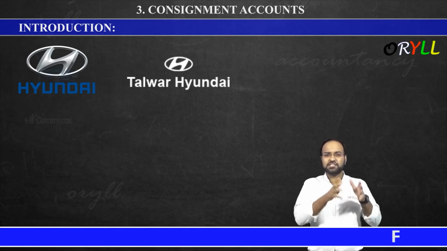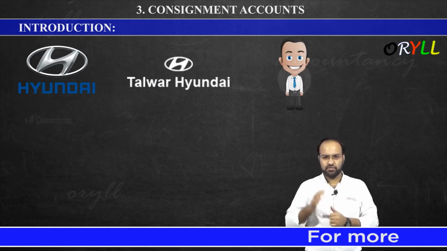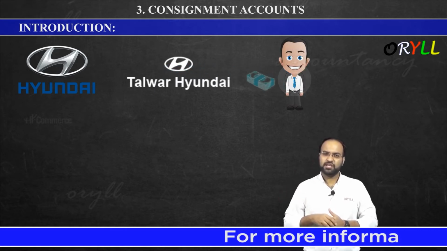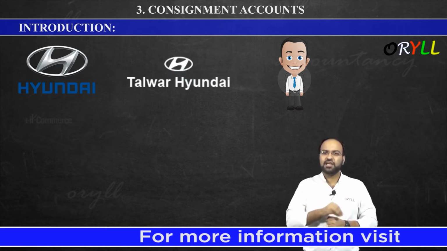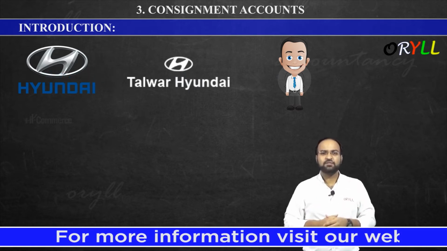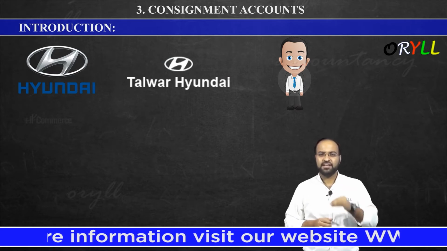What I will do, I'll just give my cars to you. You sell the cars to the customer. So Talwar Hyundai will sell the cars to the customer. Customer will pay the price to whom? Talwar Hyundai, and Talwar Hyundai will give back this price to whom? To the Hyundai company, and Hyundai company will give some commission to the Talwar Hyundai. Got it here? For selling their car.